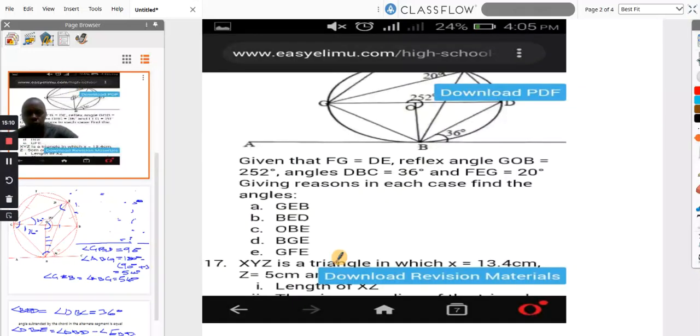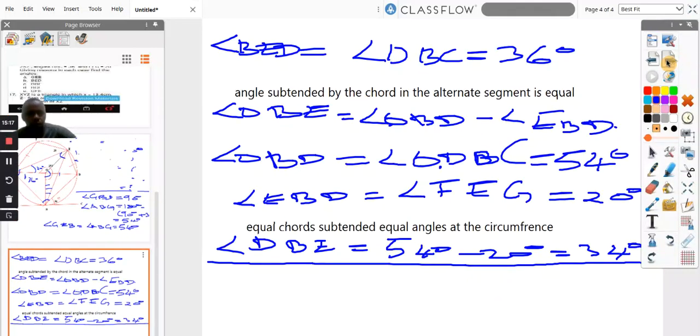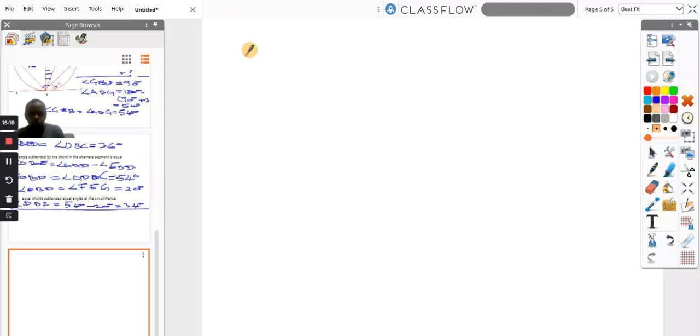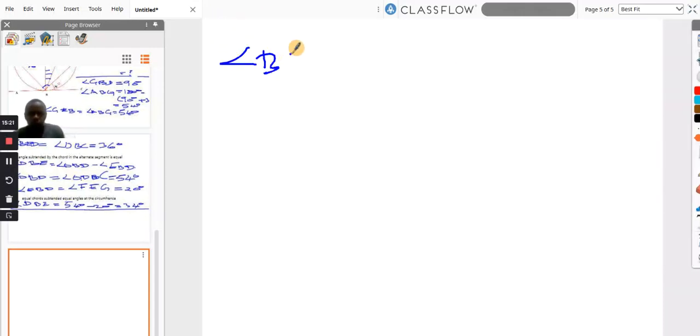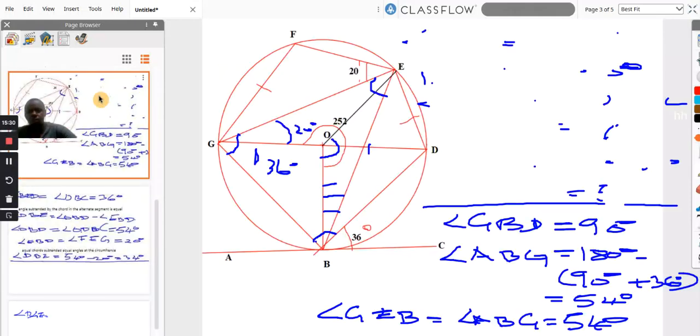Okay, let's go on. Angle BGE. Now angle BGE is this angle that I've explained. So it would be that 36 plus 20.